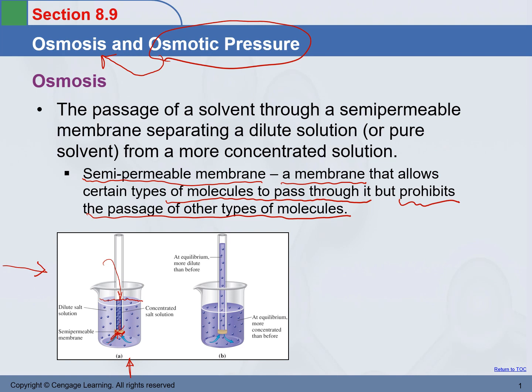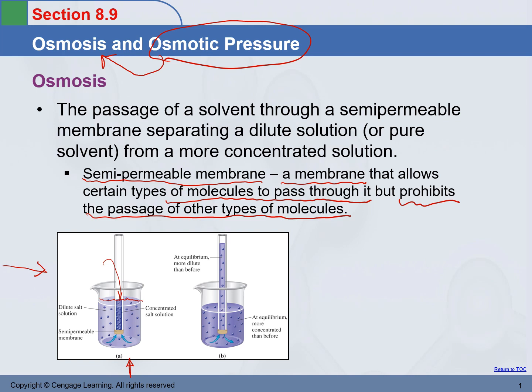The picture is a little confusing because when you look at it, it looks like there's only a flow of water molecules into the tube. That is not correct. Water molecules flow both into and out of the tube.